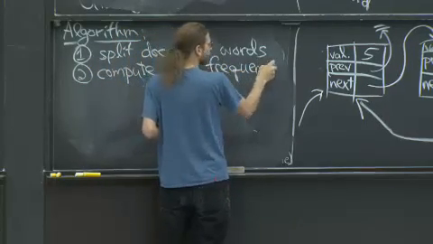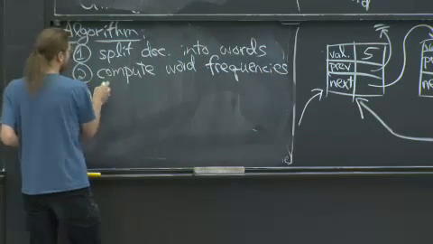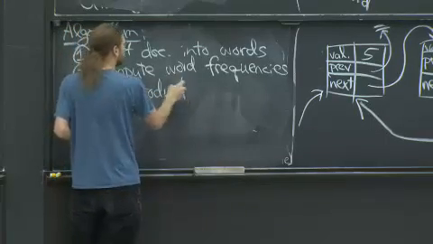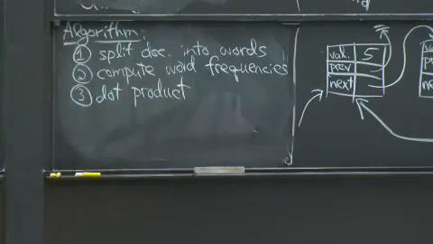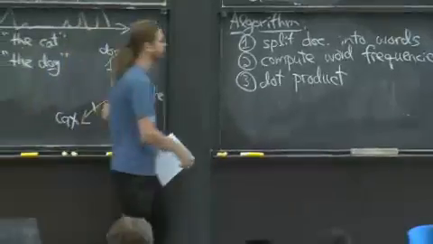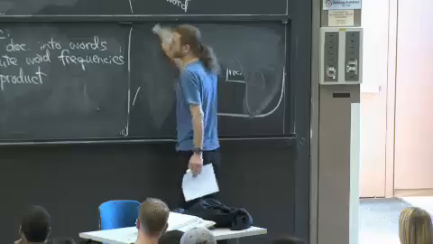This is the document vectors. And then the third step is to compute the dot product. Let me tell you a little bit about how each of those is done. Some of these will be covered more in future lectures. I want to give you an overview.